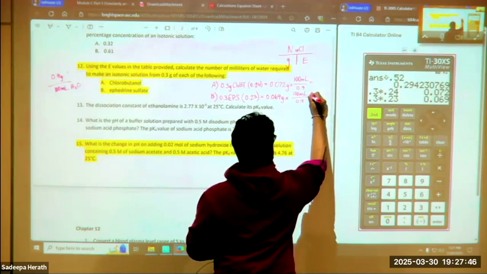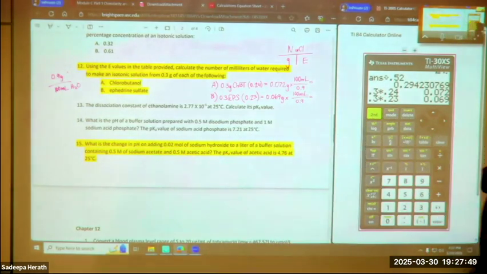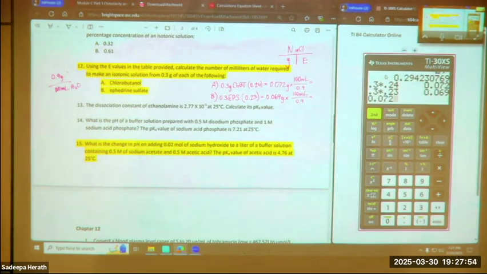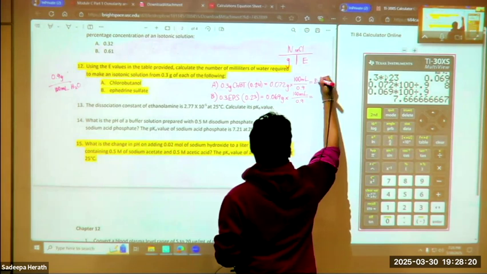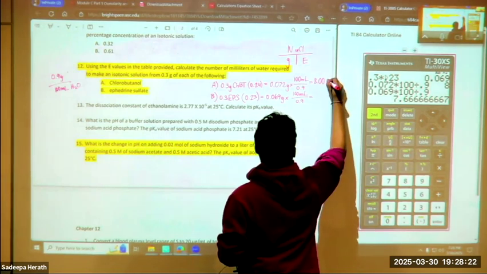And then we get, let's find out. So 0.072 times 100 divided by 0.9 equals 8. And then checking this one times 100 divided by 0.9, 7.6. Okay. And it's in mL, so let's just do this.